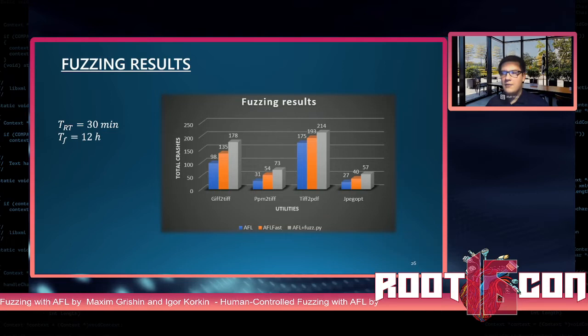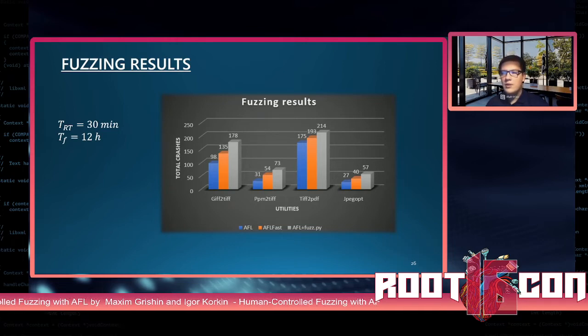AFL and AFLFast were chosen as such fuzzers. The fuzzing time is 12 hours. This is not enough for quality program fuzzing, but it is quite enough to test the module, as the utilities have already been tested by the developers.